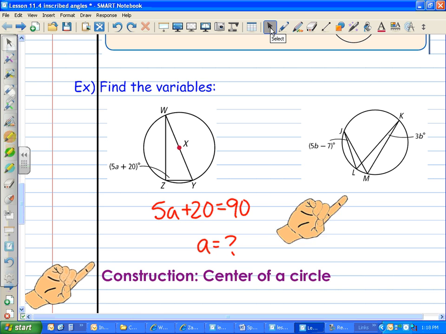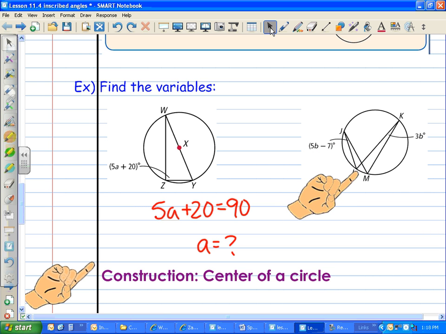Look at this one over here. Let's see. This looks a little tricky. Actually, no, look. What do you know about this angle? And look how they both touch at L and M, and now look at this one up here. This one goes straight down and touches at L, and this one touches at M. So what do you know about these angles up here, this one and this one, if they both hit the same arc over here? Are they going to be the same degrees? I hope you said they are.